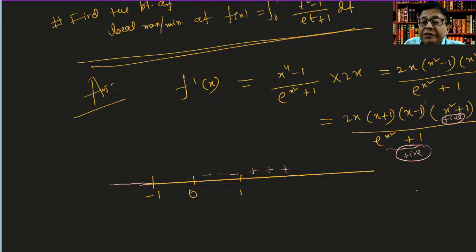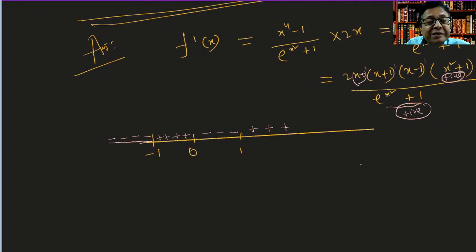When you are crossing 0 here, this part is x minus 0, this index is also odd, so put plus sign. X plus 1, its index is also odd, change the sign here. Okay. Now it is obvious at which point it has maximum or minimum.